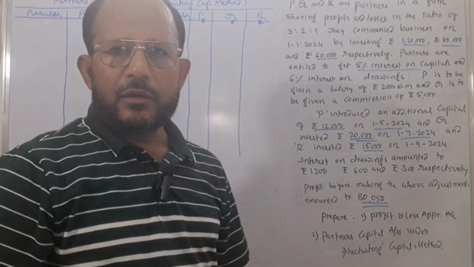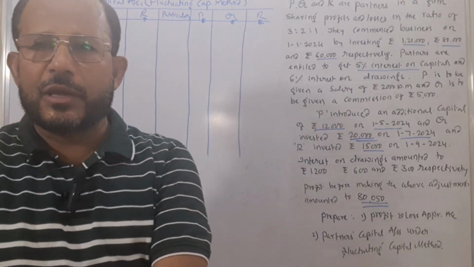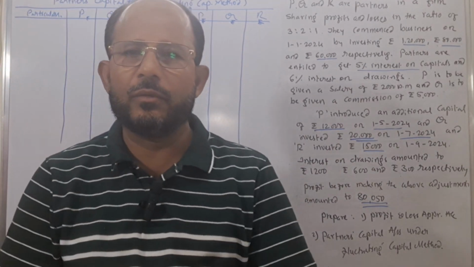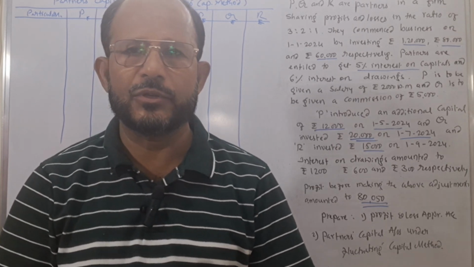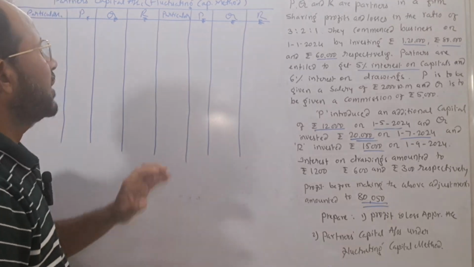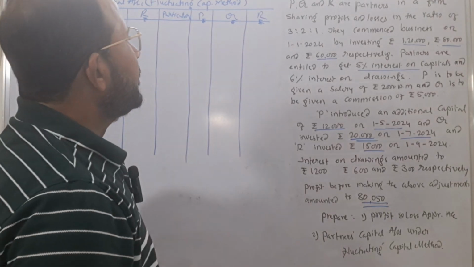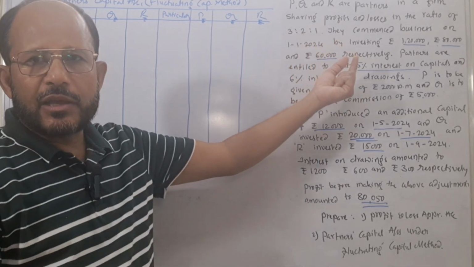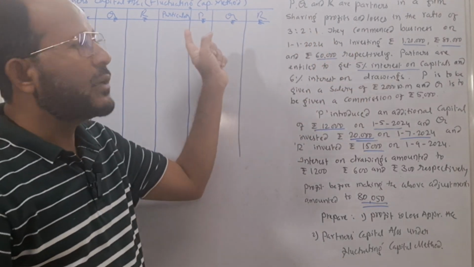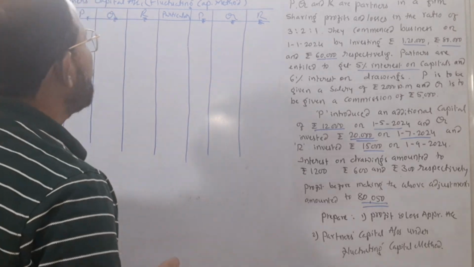Okay, how to begin the preparation of partners' capital accounts? First thing is whatever amount is invested by the partners at the time of commencement of the business is to be shown here on the credit side. Whenever cash is introduced by the partners, journal entry is cash account is to be debited and partners' capital accounts are to be credited.